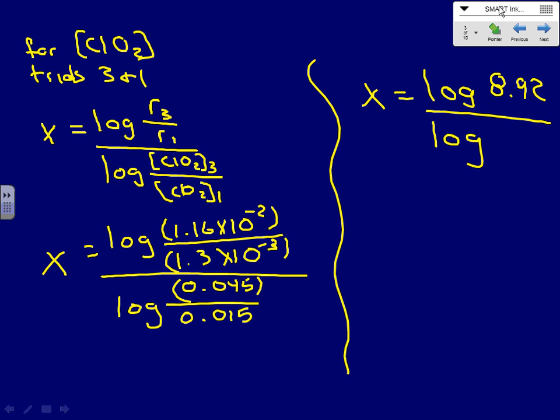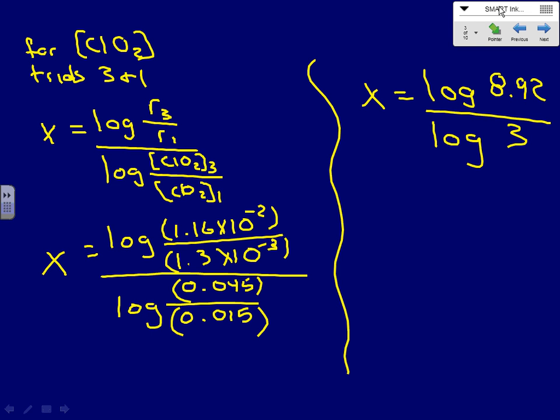What do we have for the other one on the bottom? 0.045 divided by 0.015. Yep, 3. We're going to be giving you nice numbers. If this was 9 and this was 3, then really what we're asking is, what exponent with the 3 is going to make it 9?